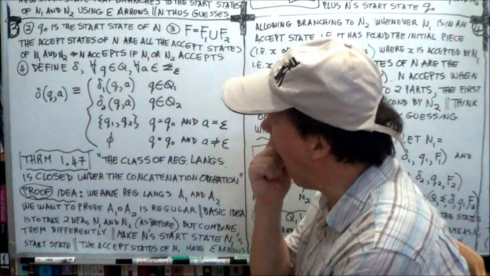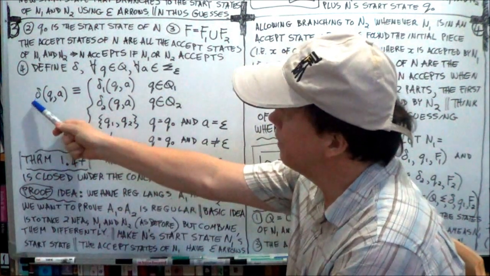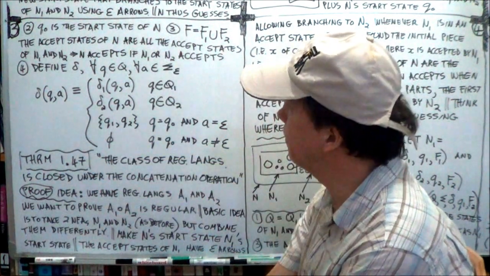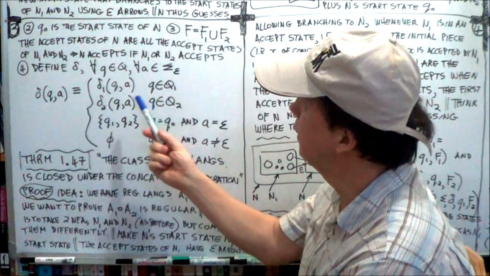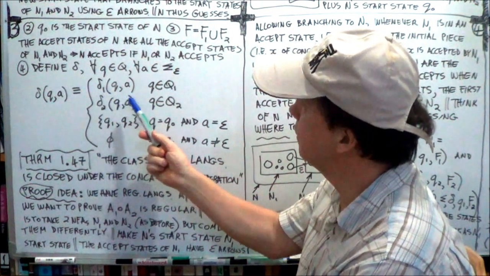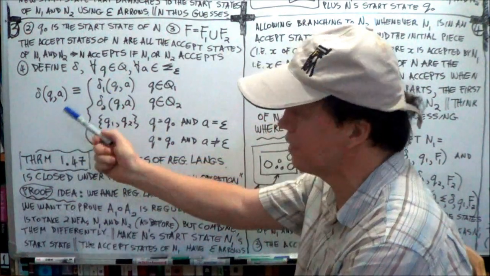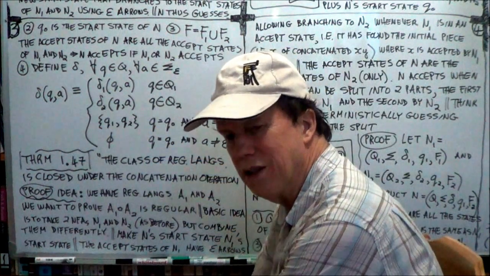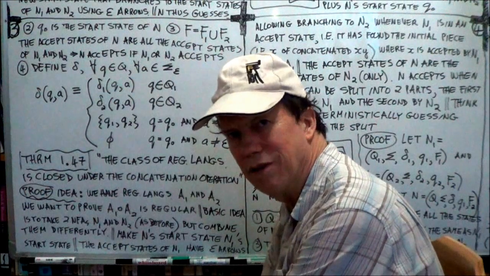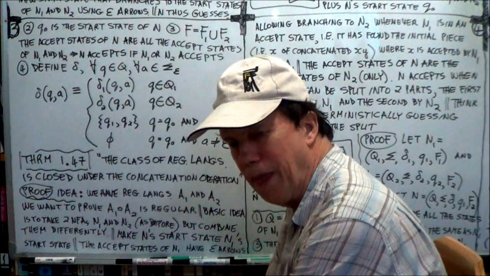All right, so the transition function for N. Now remember, what is a transition function? It's just some function that tells you what the next state will be. Effectively, that's all it is.